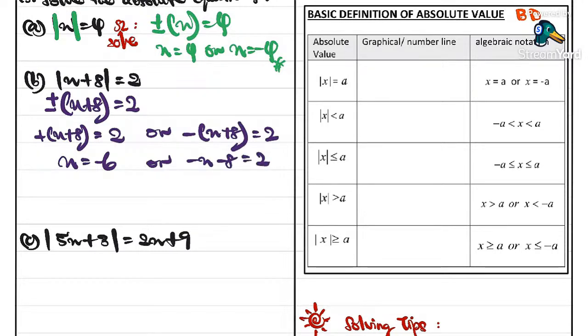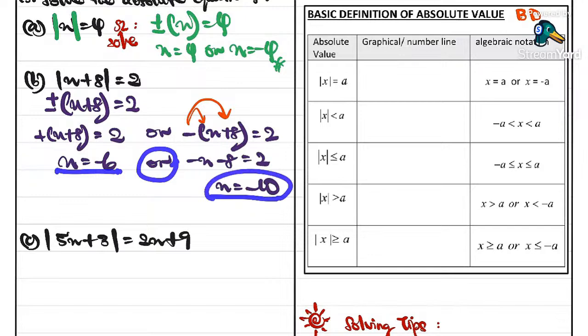You multiply it in, you don't have to worry. Just expand it, and then you will get x is equal to negative 10. So your answer is actually x is equals to negative 6 or x is equals to negative 10.